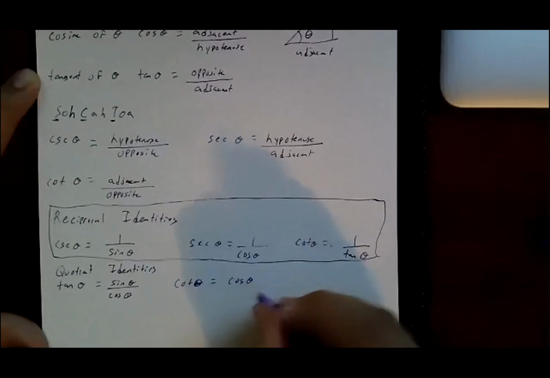Now, cosine, that will be adjacent over hypotenuse. Tangent will be opposite over hypotenuse. No, sorry, over adjacent. Yeah, there we go.